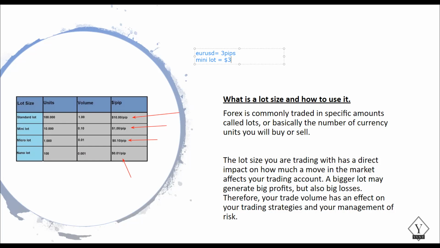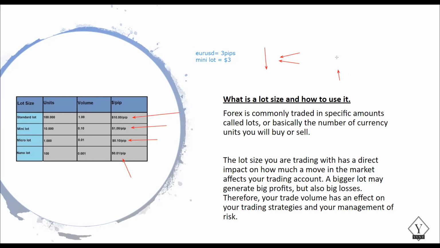But if you bought and the market went up, and if you sold and it moved 3 pips up, that means you are on a negative 3 pips, which is negative $3 in your account. But if you sold and it went down 3 pips, that means you are up by $3 in your account, which means you're in profit of $3.